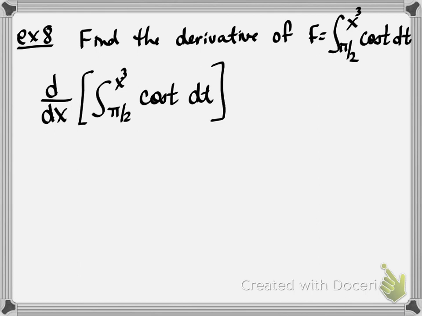Cosine is continuous everywhere, so we can use the second fundamental theorem of calculus, and all we're going to do is we're going to say our function at x to the third.